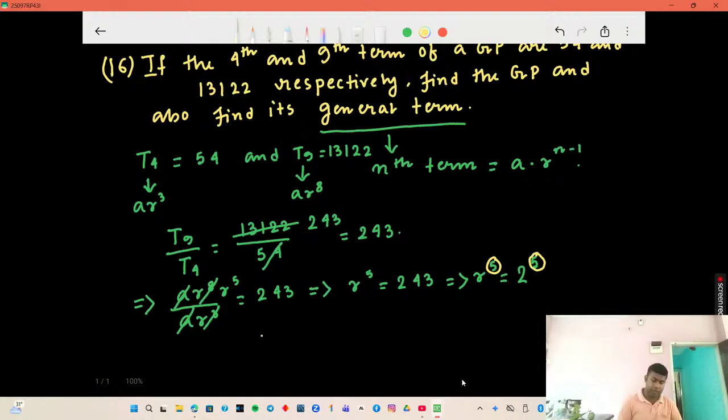Therefore, the value of R is 2. So what is the value of R? Here the value of R is 2. Is it clear to you? So the common ratio in this question is 2.